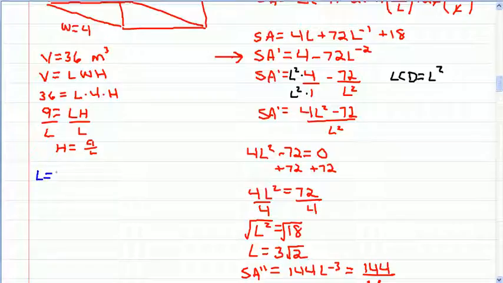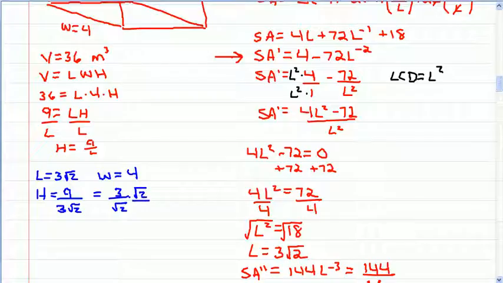So if the length is 3 root 2, we know that the width is 4, the height is 9 over L, so it's 9 over 3 root 2, which simplifies to 3 over root 2. And if I rationalize this, it is 3 root 2 over 2.